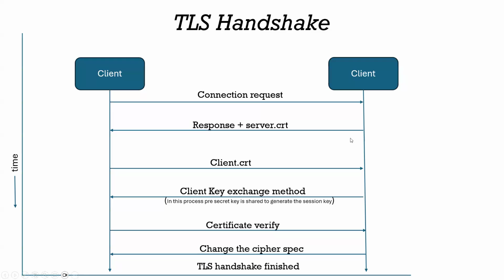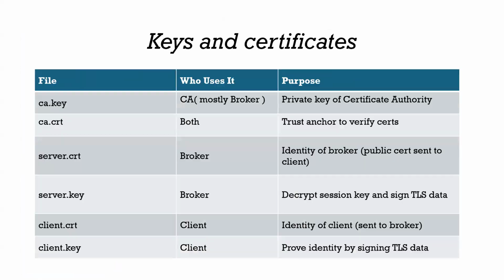Now the server can decrypt that data with the server key. Let's go back once again. Here we have the server certificate. This is also called the public key, because we give it to our clients.